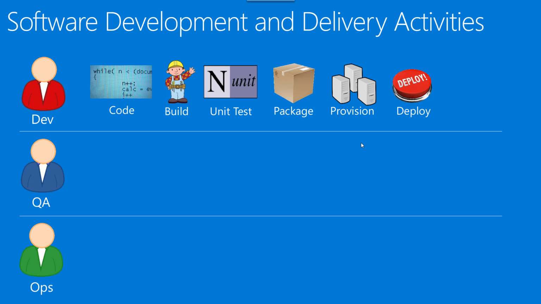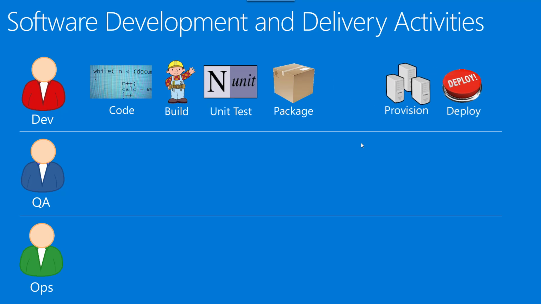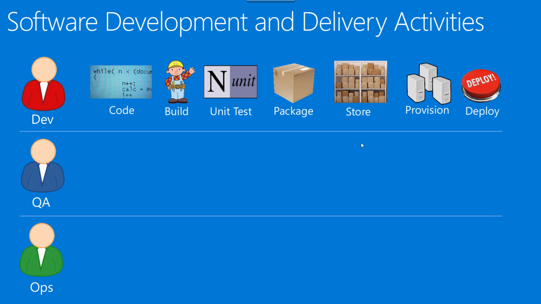This was the old way. But now the best practices recommend that before I do the provisioning and the deployment, I should store the package in storage. And this is exactly what we are going to use the package repository for. So once I store the package, and if we remember the practices of continuous delivery, build once and deploy multiple times, this is exactly what we do when we store our package in the store.